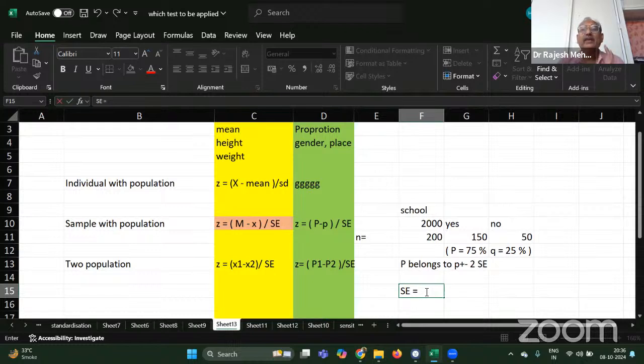Usually for the standard error of mean, we say root of SD square upon n, or SD upon root n.